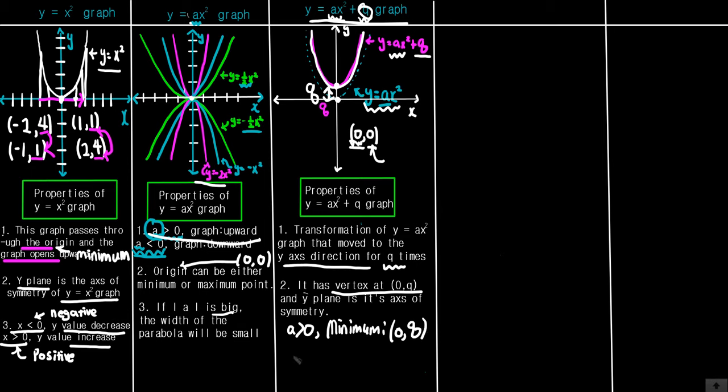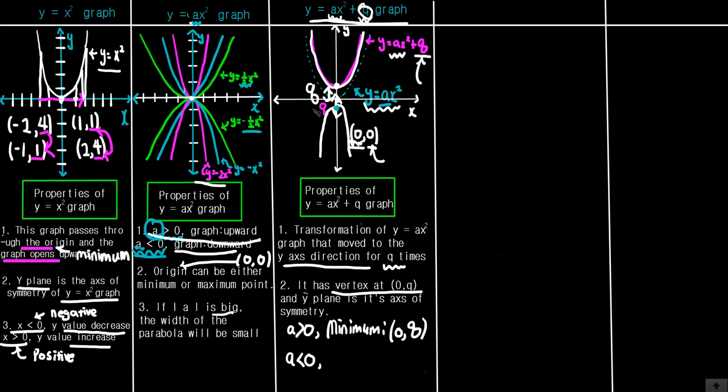Let's think about when a is less than 0, which means it is negative. As we have learned, when a is negative, the graph goes downward. If you transform this downward, it will look something like this, approximately. But we have moved it by q, and it can also be up, depending on the value of q. Here, only a maximum point exists as the graph keeps going down.